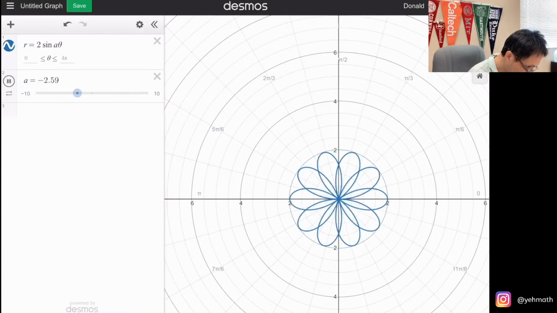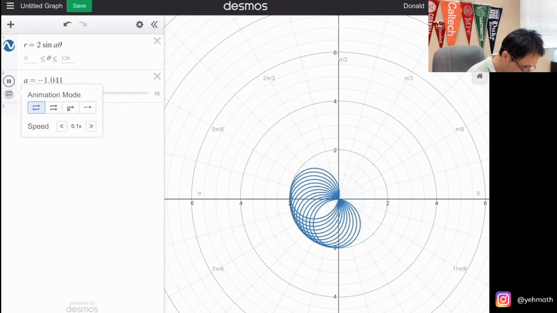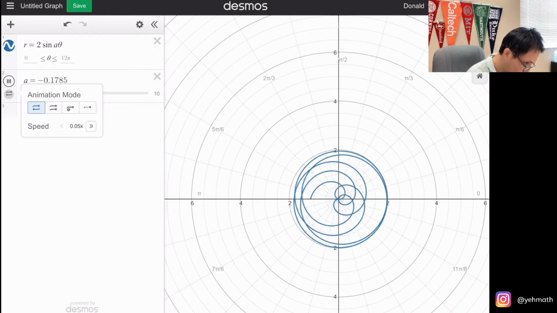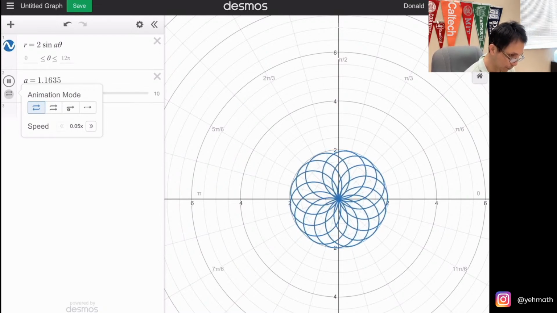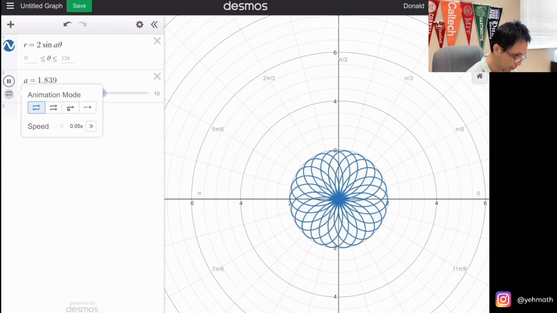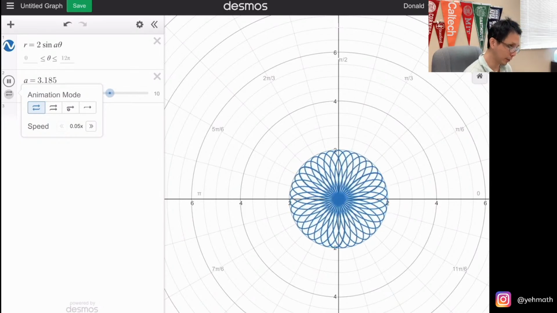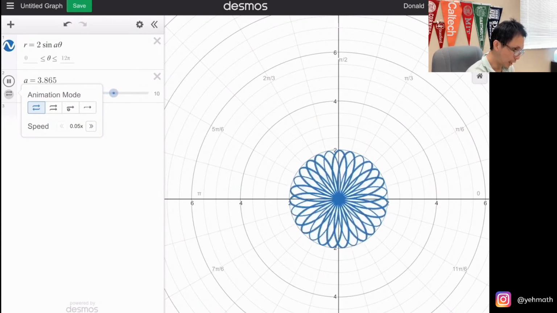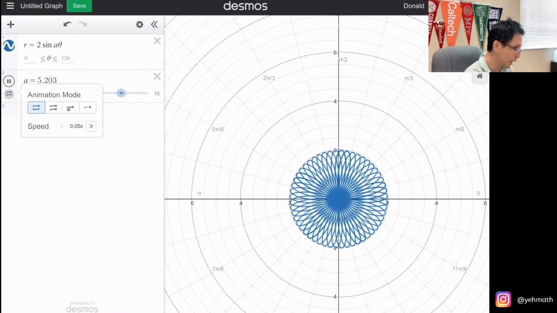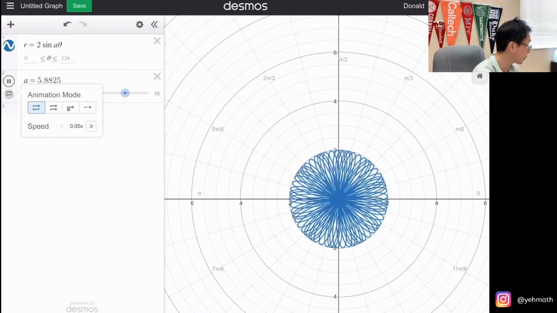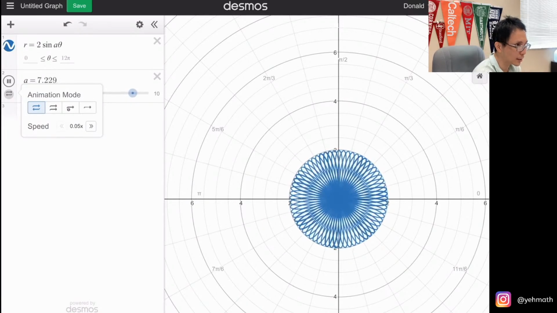Trippy. I put a as a slider, basically changing the angle. Every time the coefficient in front of the angle changes, it affects how many petals there are.